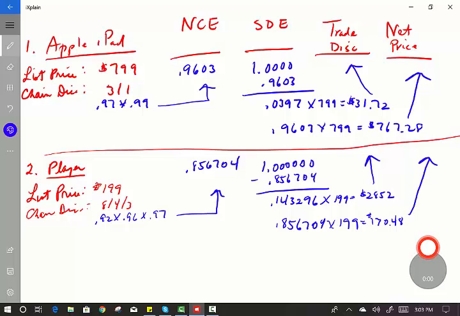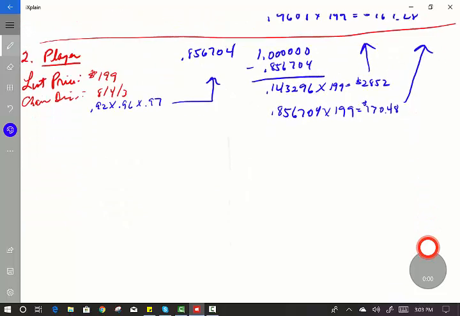Okay, then finally number 3. Calculate that the same way. I have a scanner, and the list price is $269, and the chain discount is 7, 3, and 1.